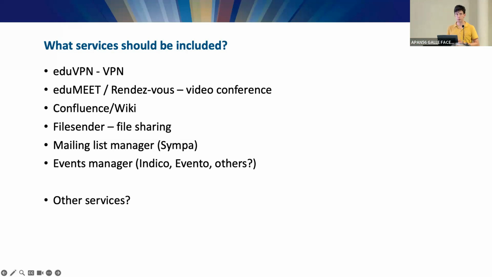The other one was created by the French NREN Renater. We've been thinking about offering a Confluence or Wiki, and a file sender. We already saw that on the list on the Mentimeter earlier. So that's a file sharing solution. Mailing list manager. We use Sympa, open source software, also created by the French NREN.